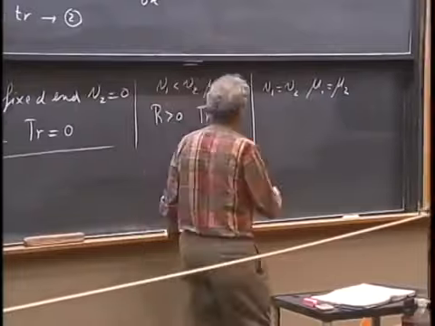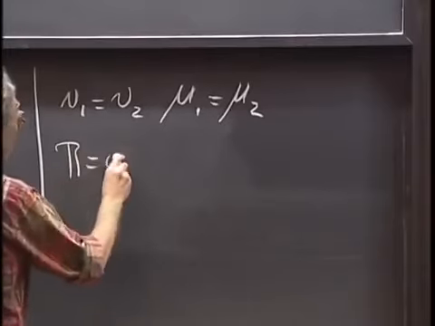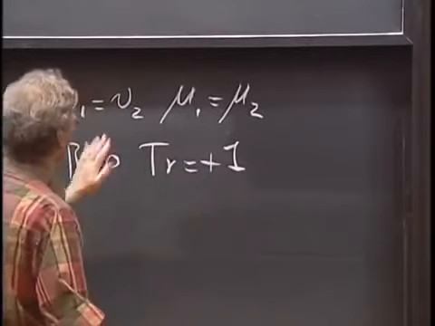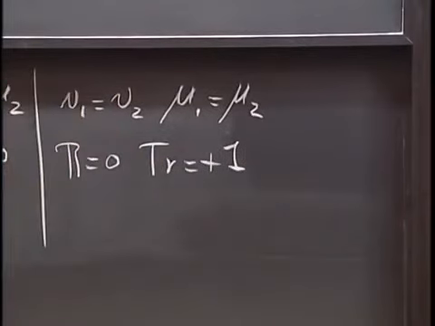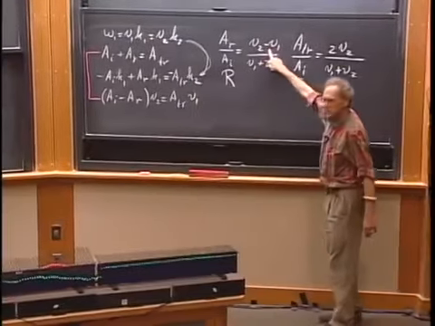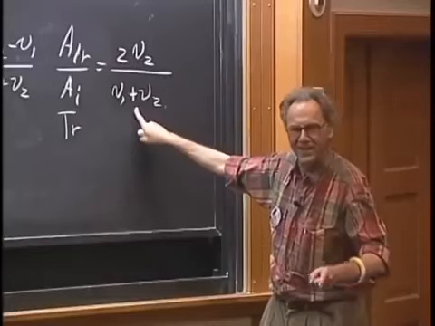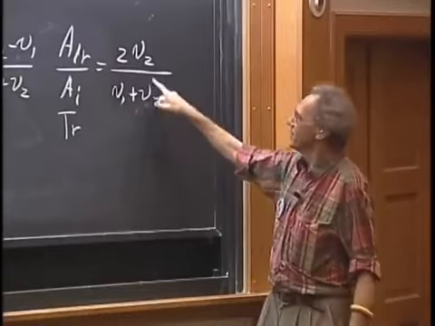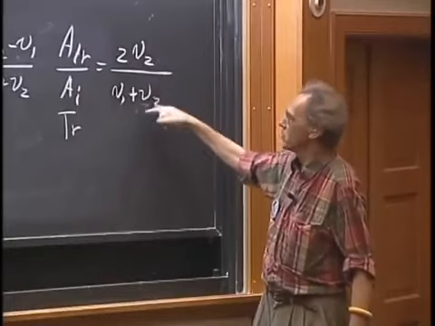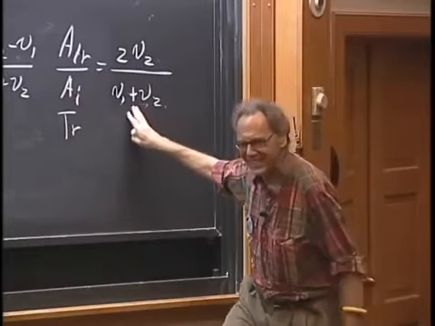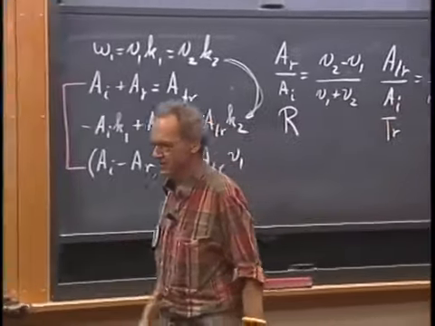Of course not. So I predict, without even looking at the result, that R is 0 and that the transmittivity is going to be +1. Let's check that. When V1 is V2, this is 0. And when V1 is V2, you just corrected me at the right time, by the way. When V1 is V2, you see that this goes to +1. With the minus sign, it would have gone to infinity. I would have caught it. But you got it earlier.